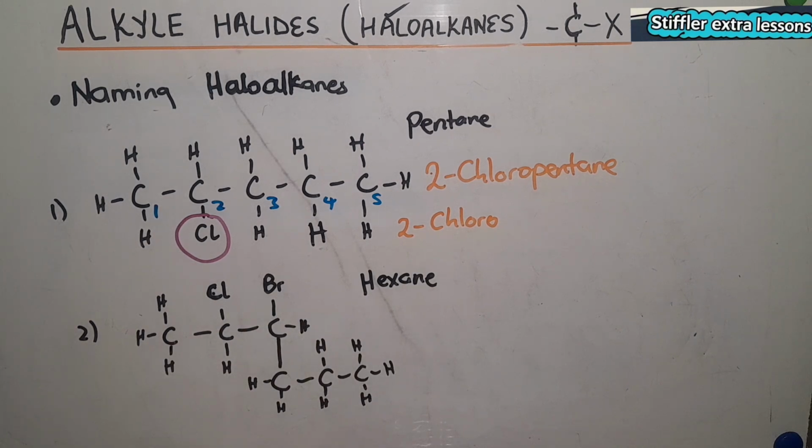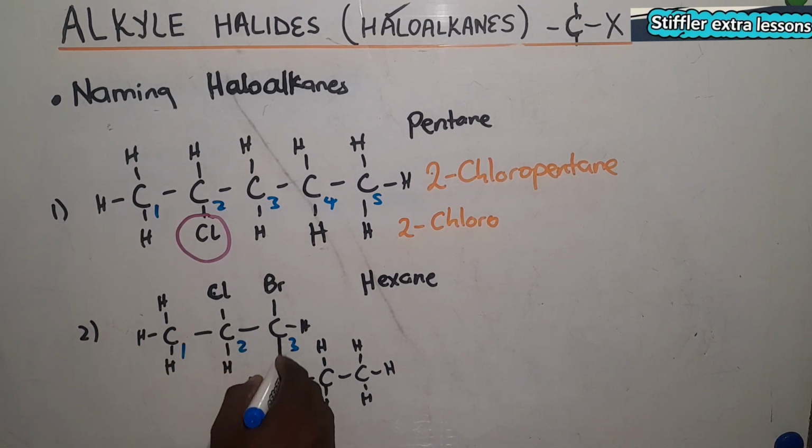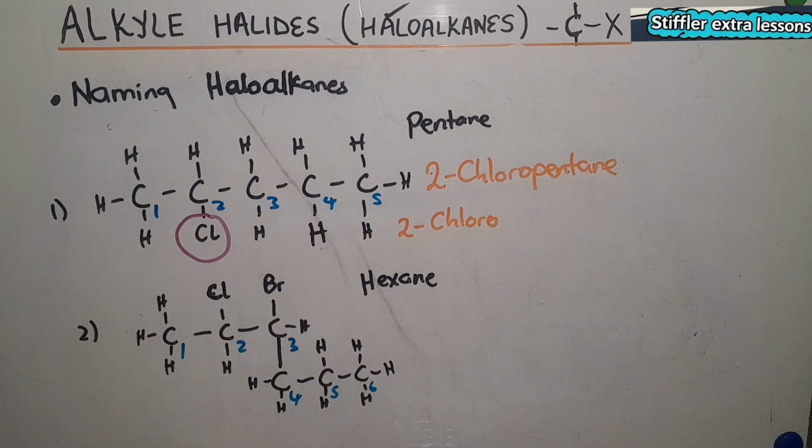Now we number our carbon atoms from the side that is closest to the halogen. So we are going to count from this side: 1, 2, 3, 4, 5, and 6.